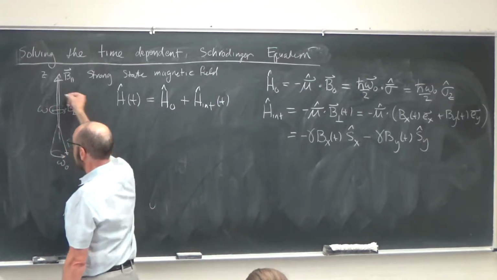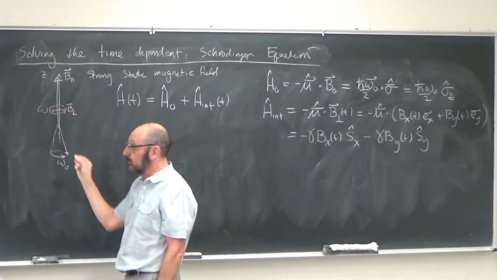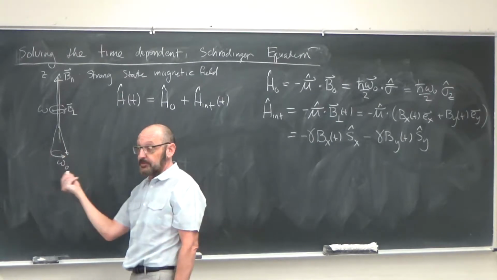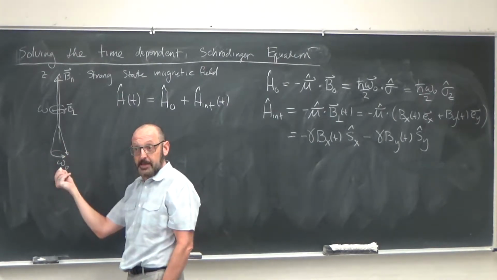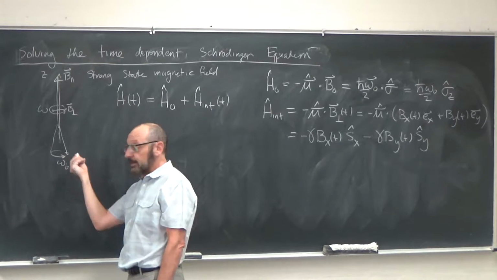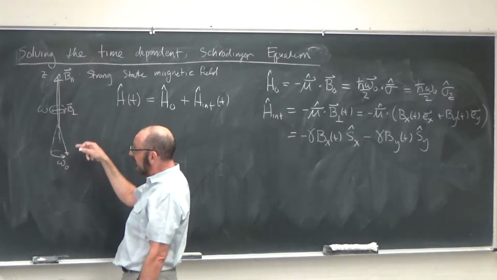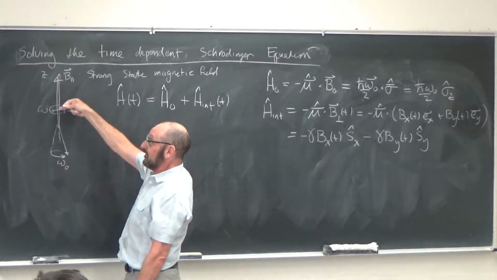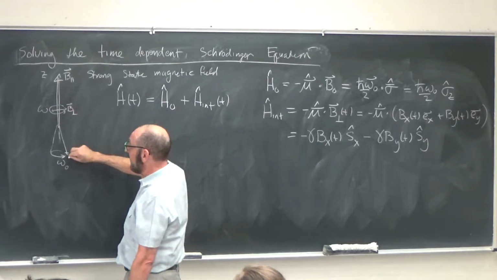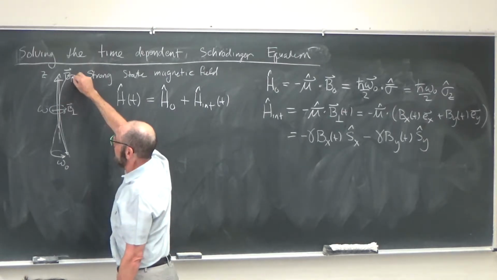So if the frequency at which this thing is going around is exactly the same as the natural resonance frequency, omega naught, then in the frame of the spin, it just sees this transverse field and it will torque around it.